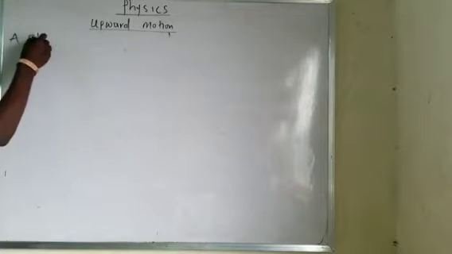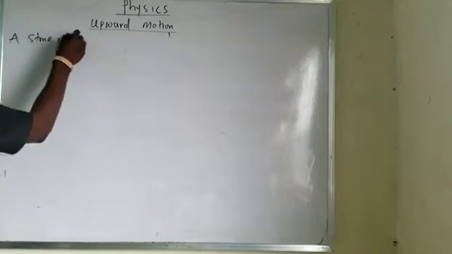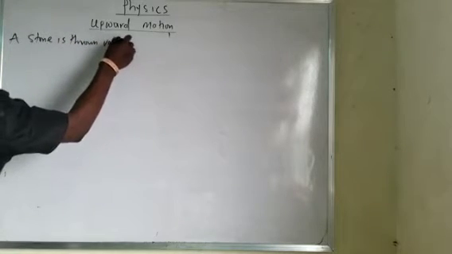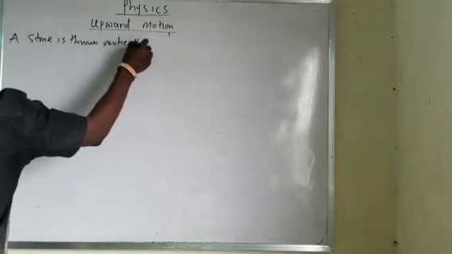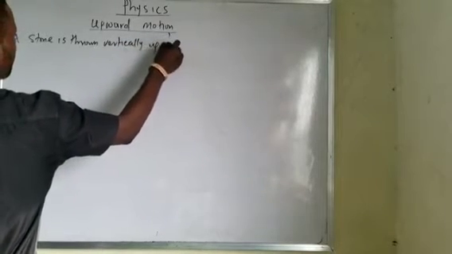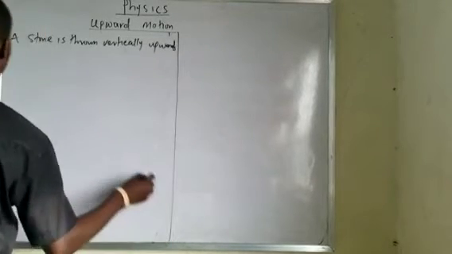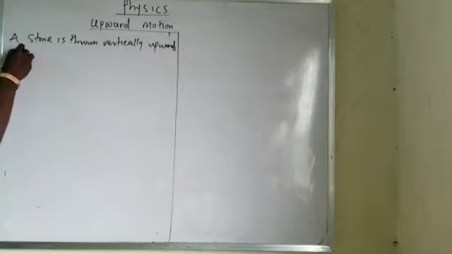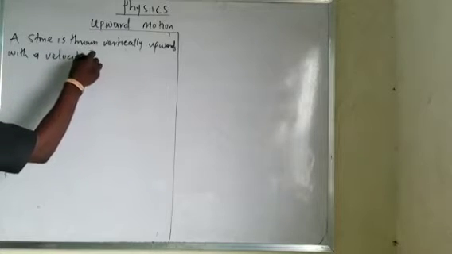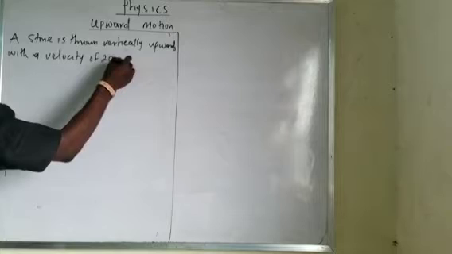Okay, I have another one here. A stone is thrown vertically upward with a velocity of 20 meters per second.